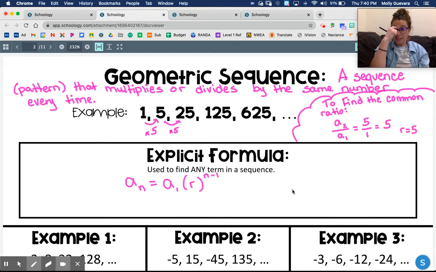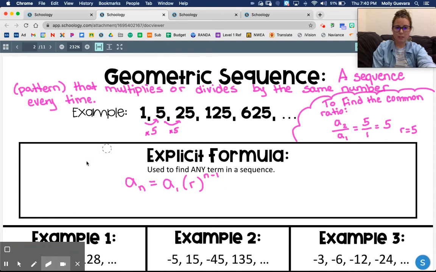This is an exponential function, what we just finished talking about. You don't have to write this part down, but it's y equals a times b to the x. The exact same thing, just different letters.